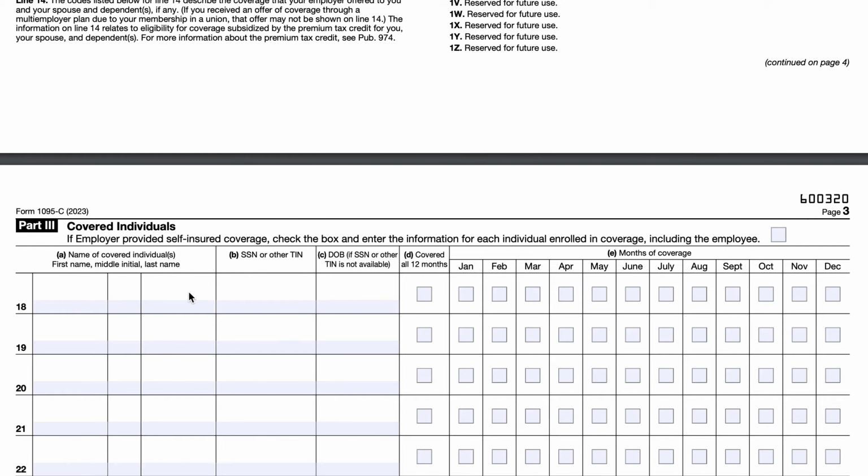In Part 3, we would list all the covered individuals. Let's just say that John is married to Mary Jane Doe, and her Social is backwards from John's. Her date of birth, if her Social Security number is not available, would be entered here. So you should only see one or the other.